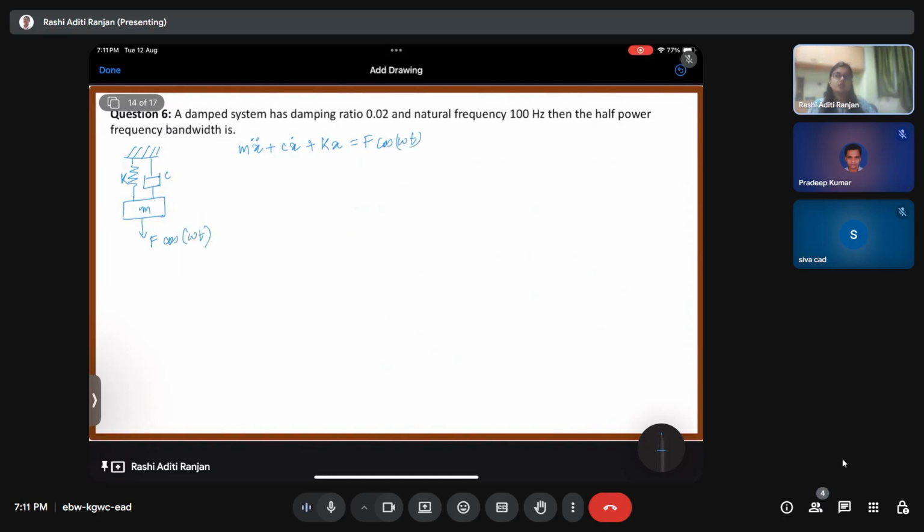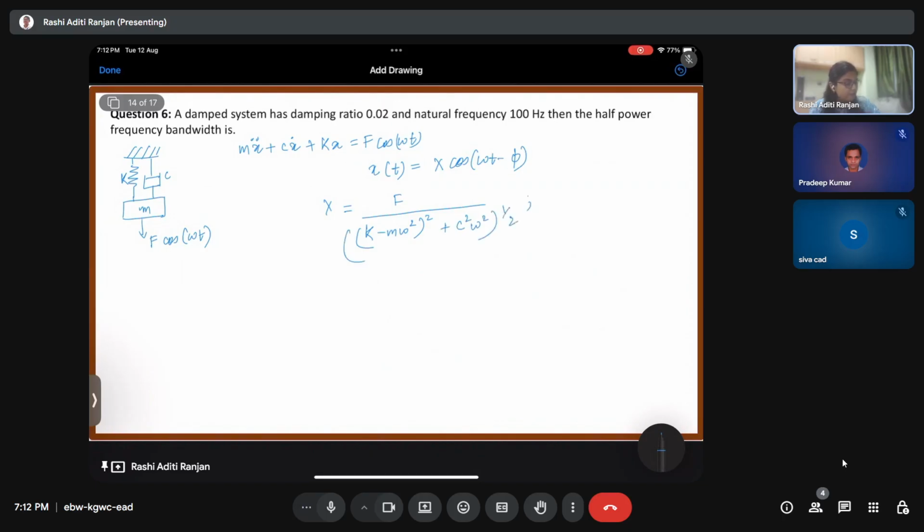I'm not getting into much derivation of this because we will do this in the coming week. But for now, I'll just write the equation. If the solution is assumed to be x(t) = X cos(ωt − φ), then in this case, X is F divided by [(k − mω²)² + c²ω²]^(1/2).